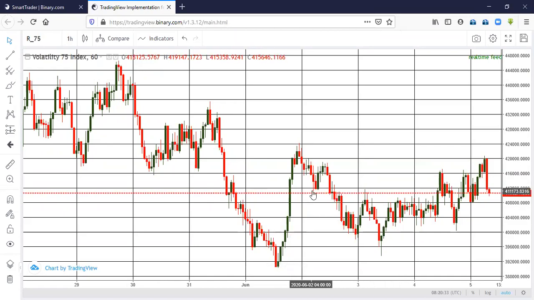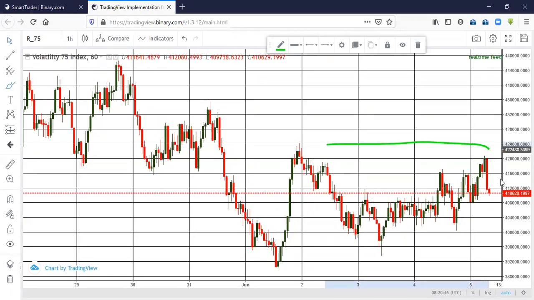As you have observed, the market has been going down because this is on a 1 hour time frame. We see that in this area, the market has been consolidating a bit.